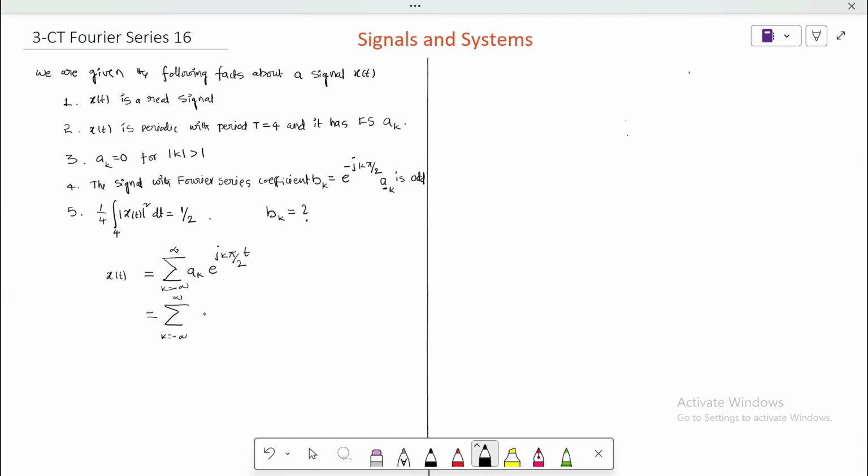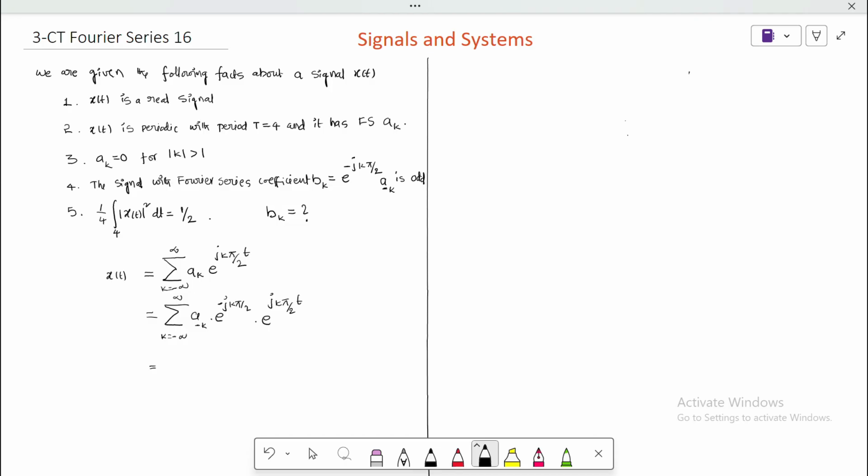So substitute the b_k value: b_k equal to a minus k into e power minus jk pi by 2, and this whole thing is b_k into e power jk pi by 2 into t.